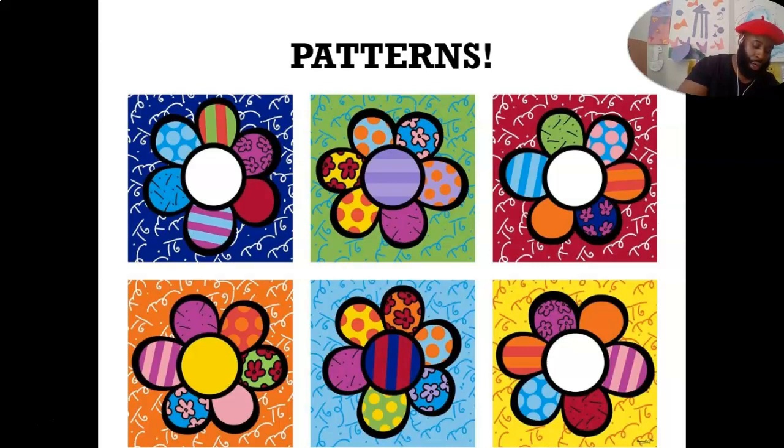Boys and girls, you are the artist, and it is up to you to think about your particular pattern, your style. The more shapes and designs you add to your painting, it's going to really pop in that Romero Britto style. So what I did was I started with designs on my shapes. Then once I have designs on my shapes, boys and girls, you can think about adding shapes, designs, patterns in between those spaces or gaps on your paper.